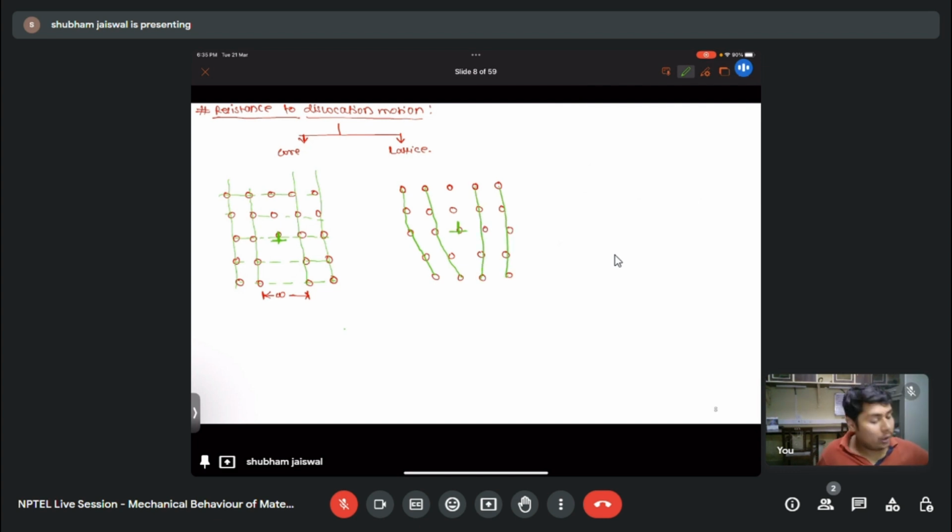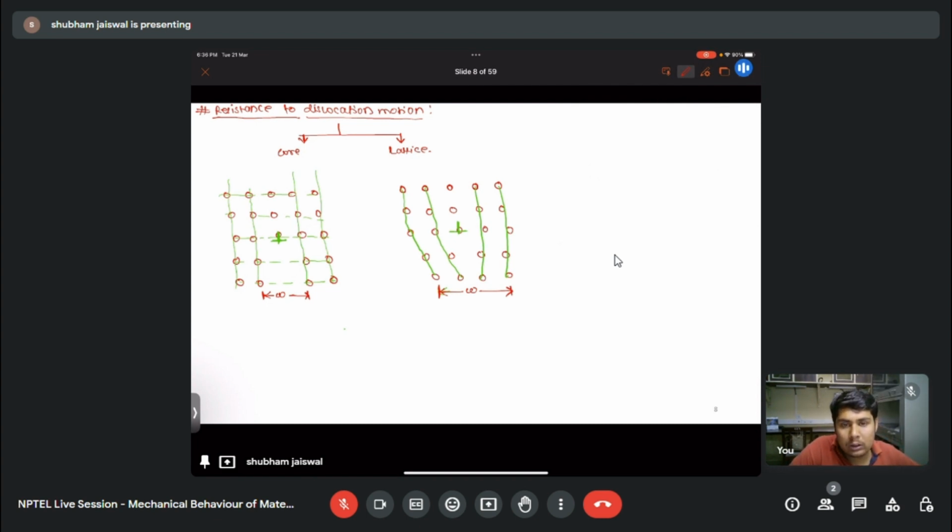Here in this case the width will be this much. So what is happening here? The plane of atoms is slightly bending around this location, meaning it is showing some misfit.